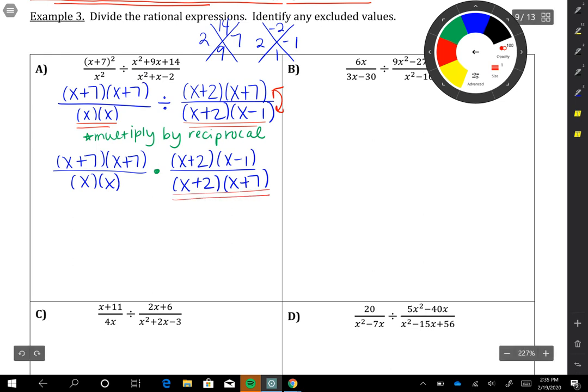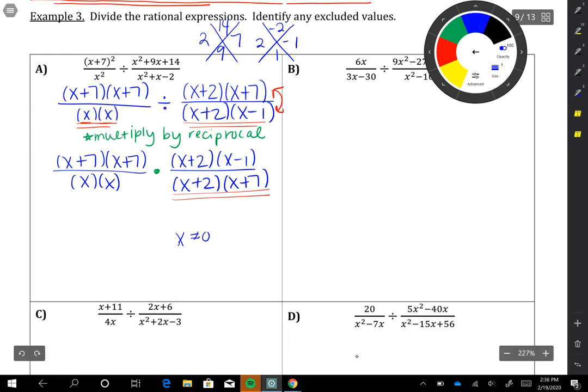So actually what we do for excluded values is look at the entire second fraction, numerator and denominator, but still only the denominator in the first fraction. In the first fraction, I have just these two factors of x, and the only thing that would make x equal 0 would be 0. So we know x cannot equal 0.